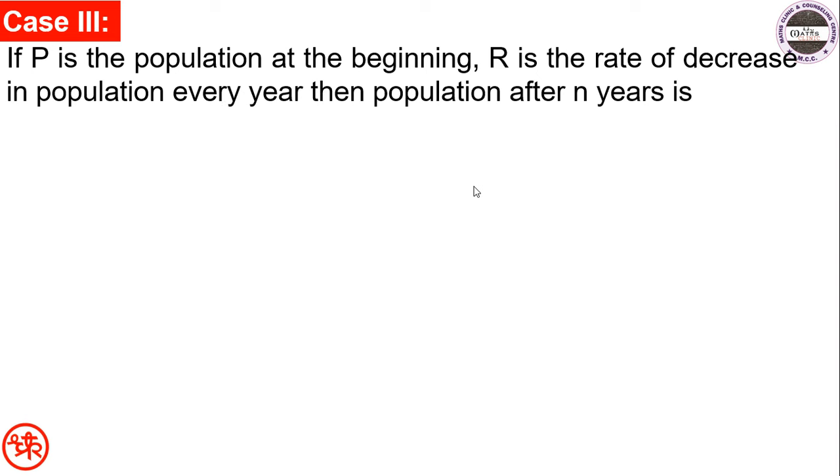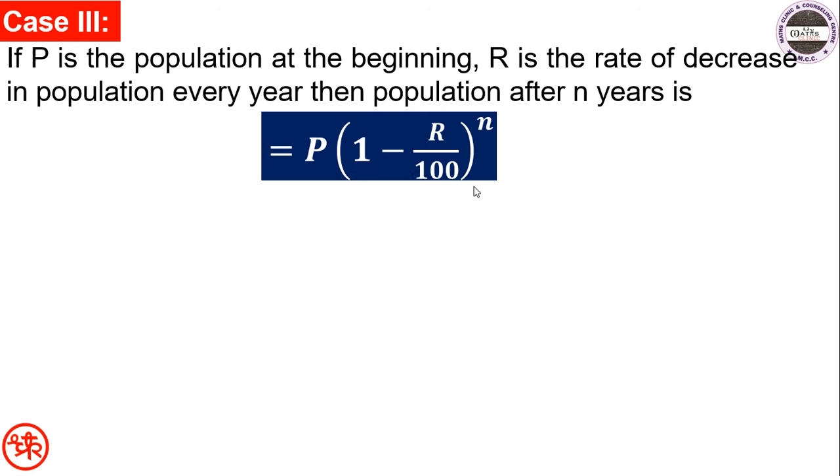Then the population after n years is given by P into (1 minus R by 100) raised to the power n. The only difference in the formula is that instead of the plus sign in the first formula, there is a minus sign. So let us see the first example.